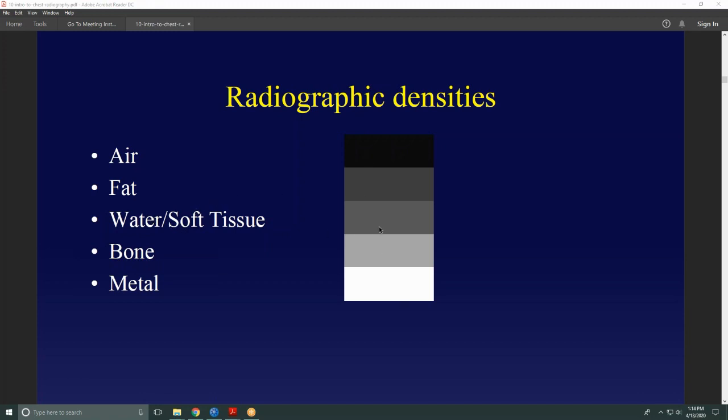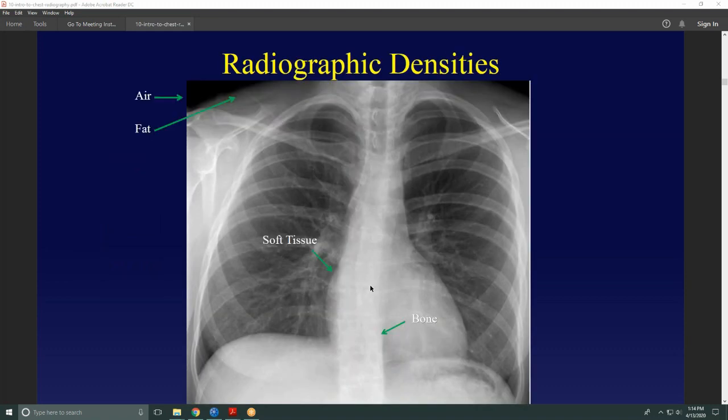Water and soft tissues are a bit more intermediate, higher than fat, and then you have bone, which strongly absorbs, followed by metals, steel, lead, what have you, very strongly absorbing and the brightest on an X-ray image. You'll see here, we don't have metal on this image, but you have your air, your fat, your soft tissues, and your bones. If there were metal, it would be even brighter.